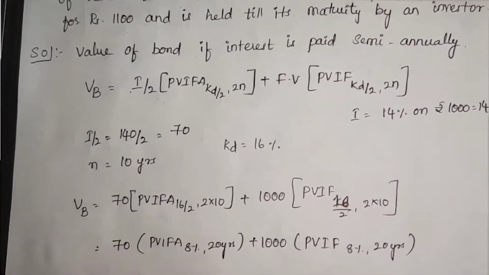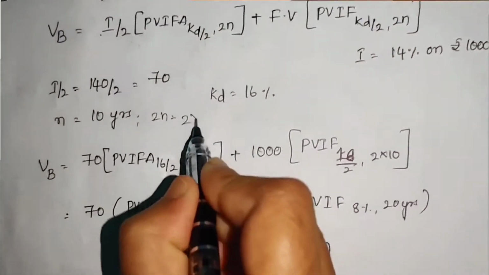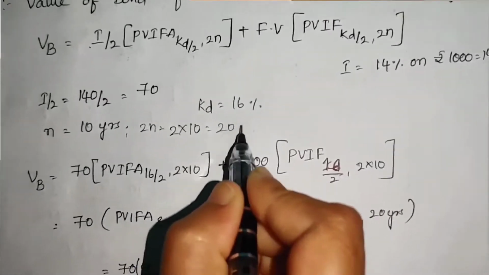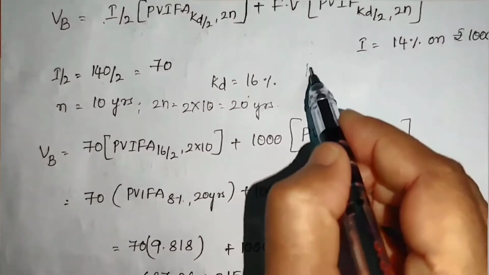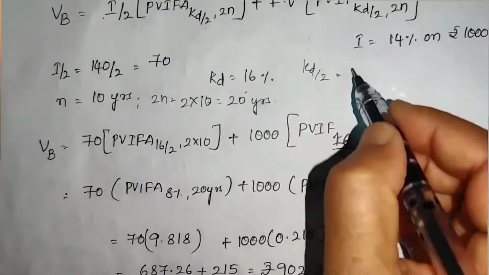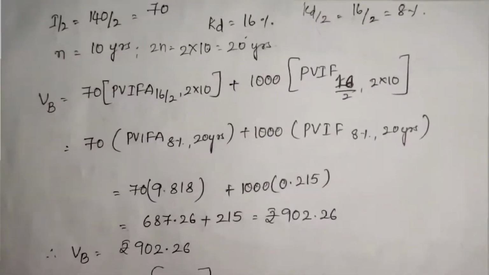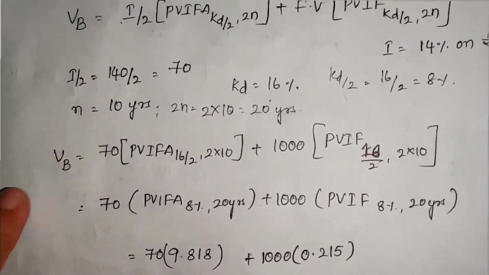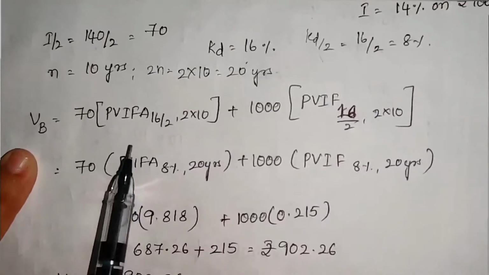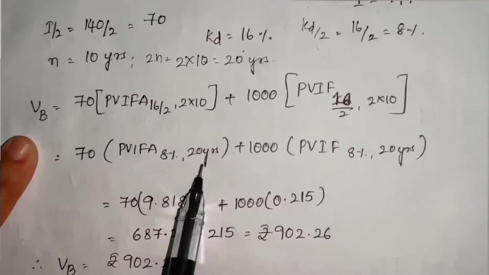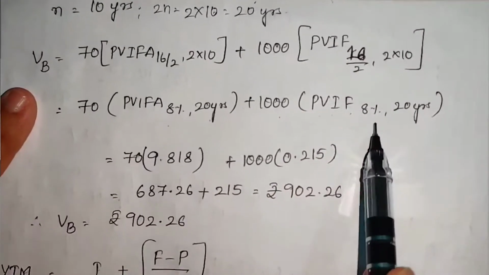N is equal to 10 years and 2N is equal to 2 into 10, that is 20. KD is equal to 16%, so KD by 2 is 16 by 2, that is 8%. So distributing these values in the formula, 70 into PVIFA (8%, 20), plus 1000 into PVIF (8%, 20).